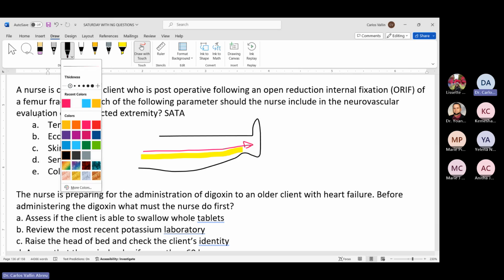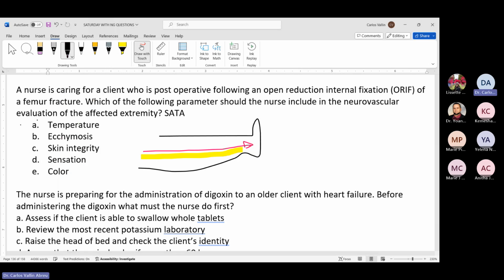Temperature. Yes, the temperature is part of the neurovascular assessment. Why? Because the blood is warm, and when the blood arrives to the foot, to the distal part of the extremity, this part should be warm. Ecchymosis is the spillage of blood in the site of the trauma or the surgery.